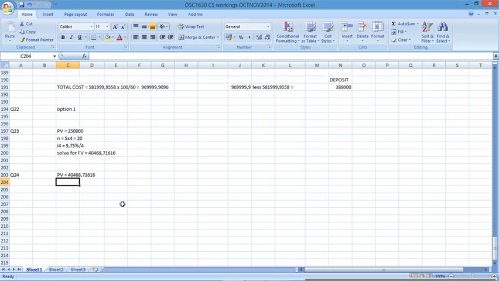That's the PV that she currently has. She's going to contribute more. The rate has changed to I52, which is 10% divided by 52, and your N here is going to be number of weeks.